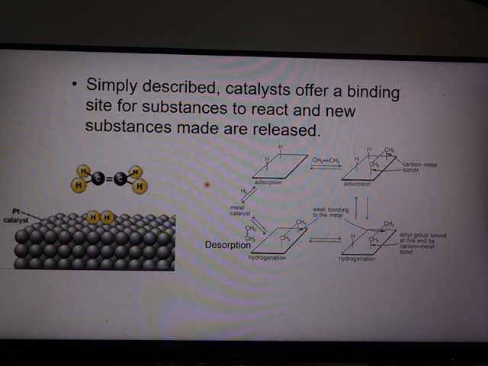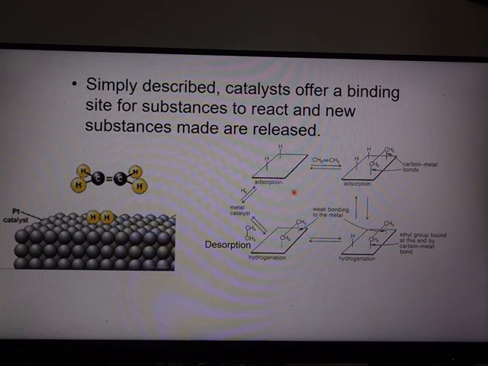I just want to go quickly over a little bit of the mechanism of how heterogeneous catalysis works. You don't need to know it in detail, but I think it does help a little bit to know what's going on. So still with my example of hydrogenation of ethene with hydrogen.